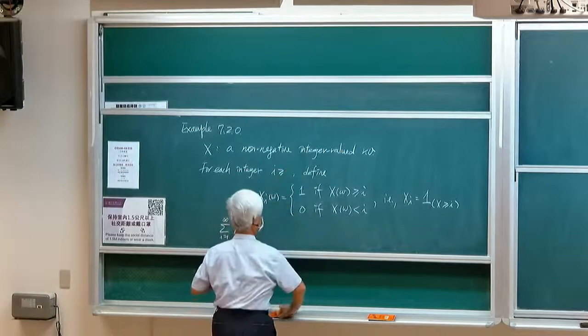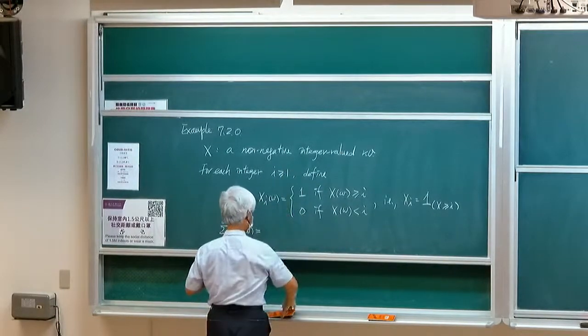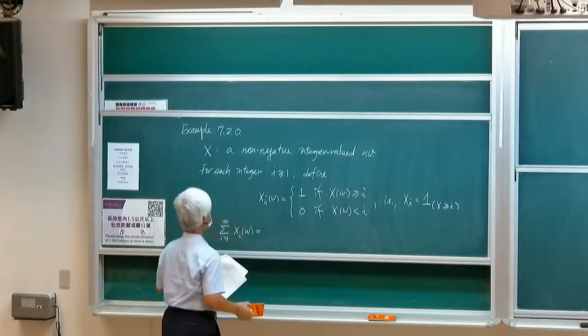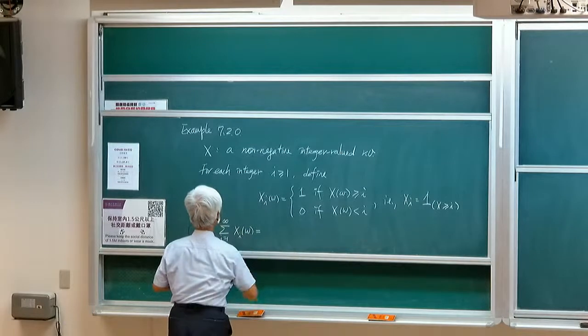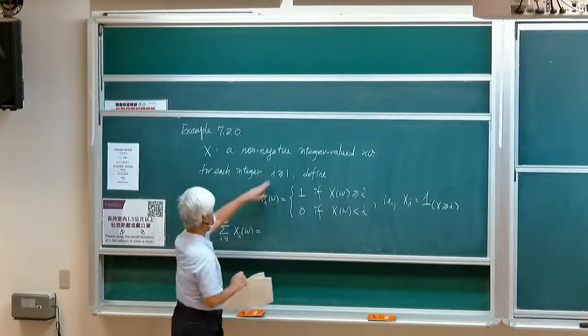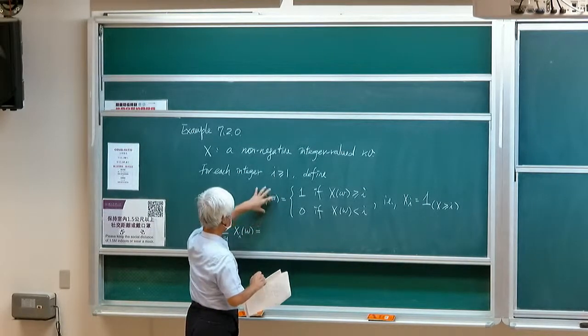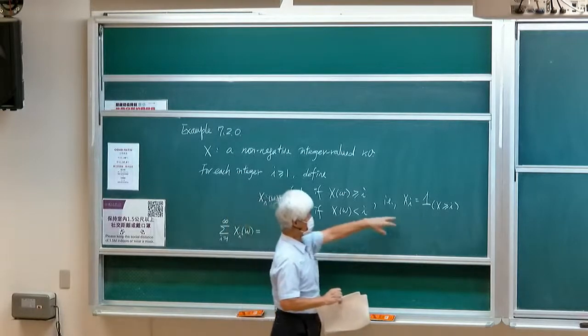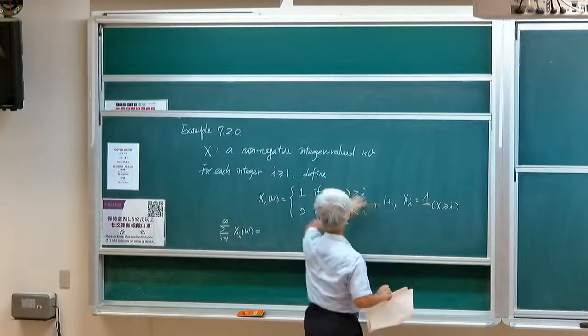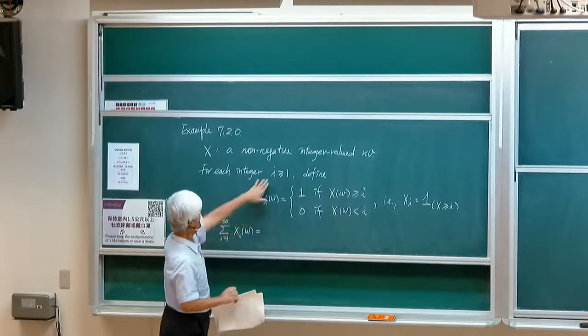So it is not necessary to use i equal to 0. All right. So we just need, for each i greater than or equal to 1, that X_i is just the same indicator, but we need only i greater than or equal to 1.